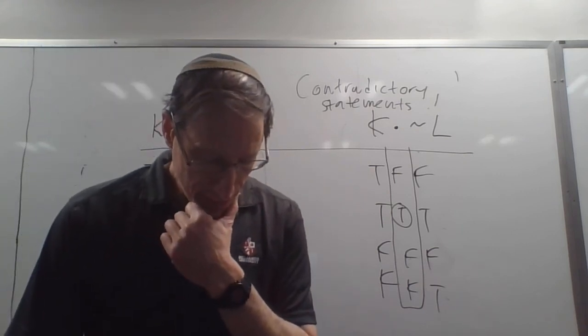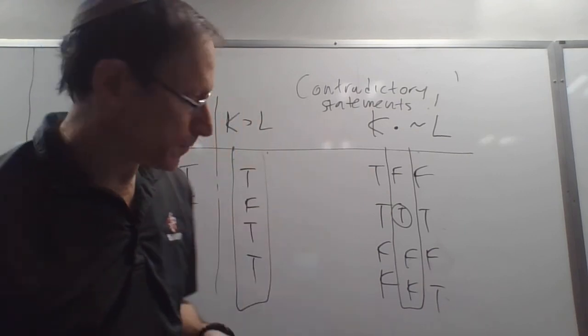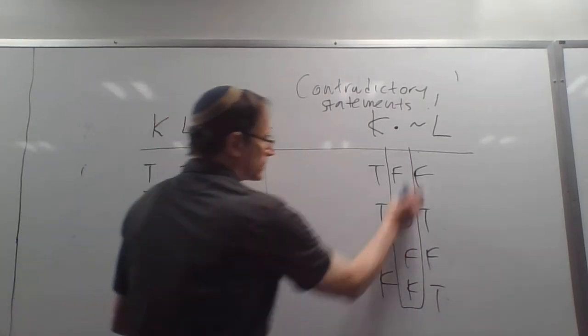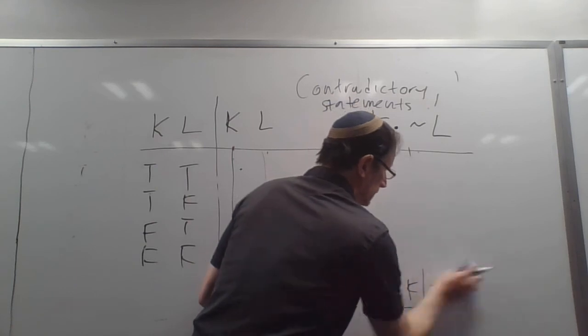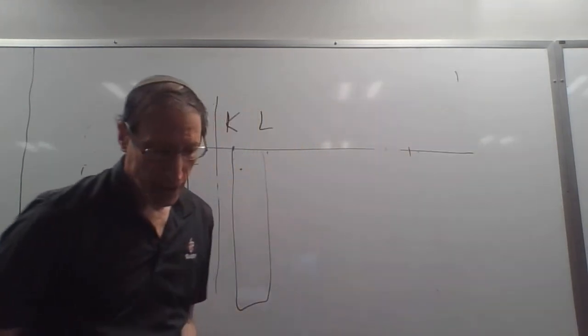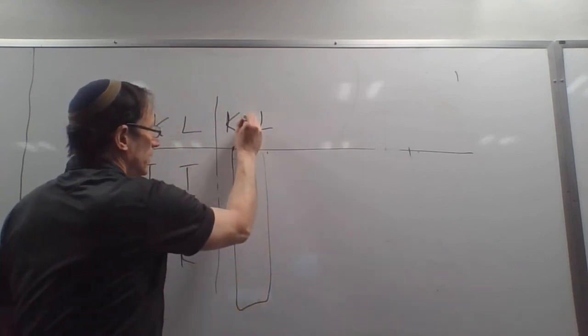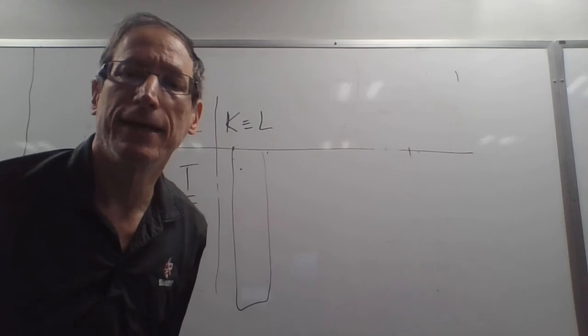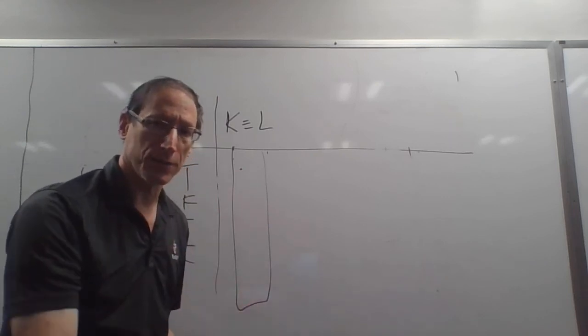Finally, inconsistent, let me do this one on the board. We have a case of an inconsistent pair. We have K biconditional L, and we have K dot not L. Sorry, I'm looking down to look at the book.